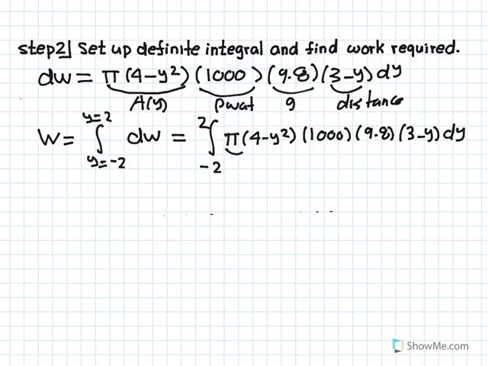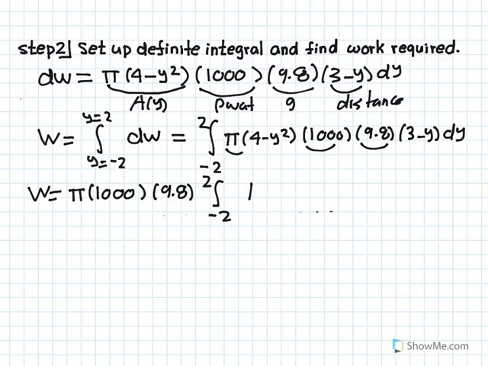Now, this is all constant. Pi is a constant, 1,000 is a constant, 9.8 is a constant. Constants pass right through the integral. So let's simplify our work and push those out of the integral. Pi times 1,000 times 9.8 times the integral from minus 2 to 2 of (4 minus y squared) times (3 minus y).